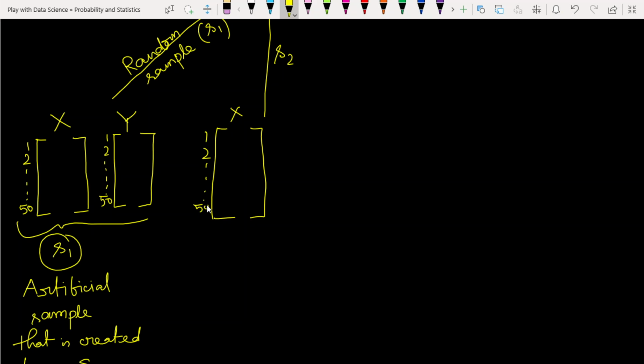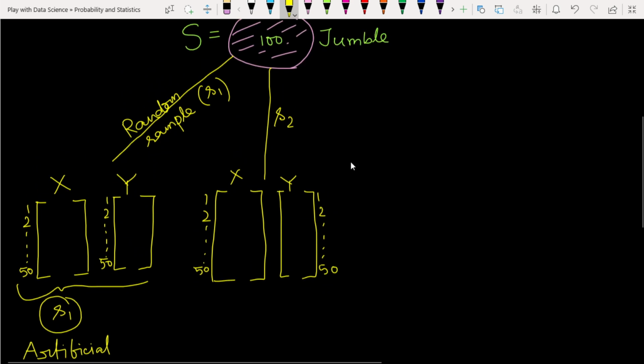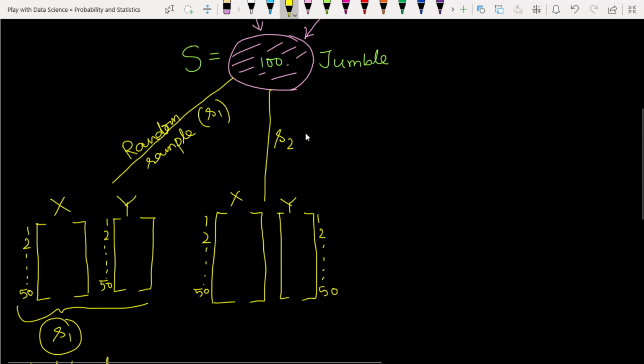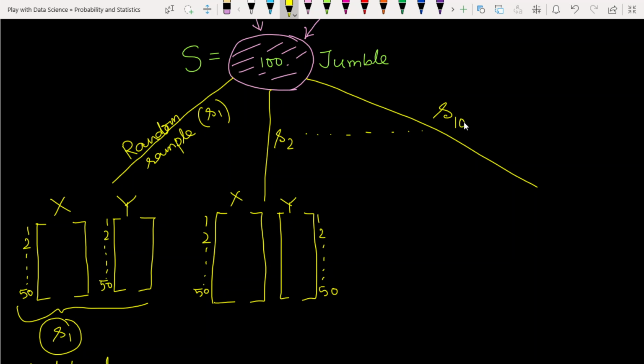The rest of the 50 points we put in the set Y. Similarly, we will repeat this job. Suppose we create 10,000 such artificial samples.